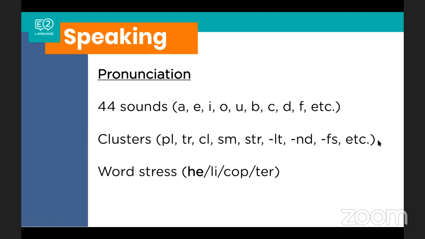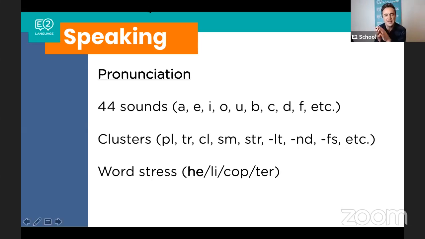This is called word stress. So, for example, in English for the word helicopter, the emphasis, the word stress, is on the beginning of the word, on that first syllable, helicopter. We don't say helicopter, that would be wrong because it sounds weird. Instead, we say helicopter. This is kind of a difficult thing because when you see a word, like if you're reading and you see a new word, you do not know where the stress is.